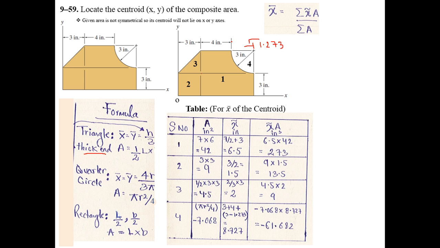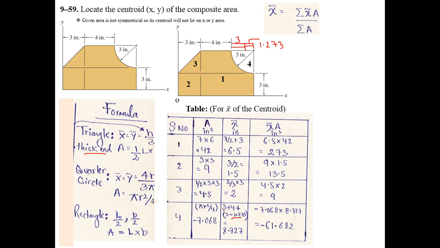So we have to basically subtract 1.273 from this dimension of 3. So this dimension is 3 inches. So from this 3 you subtract this value of 1.273, and in this value, 3 minus 1.273, you add 4 and 3.